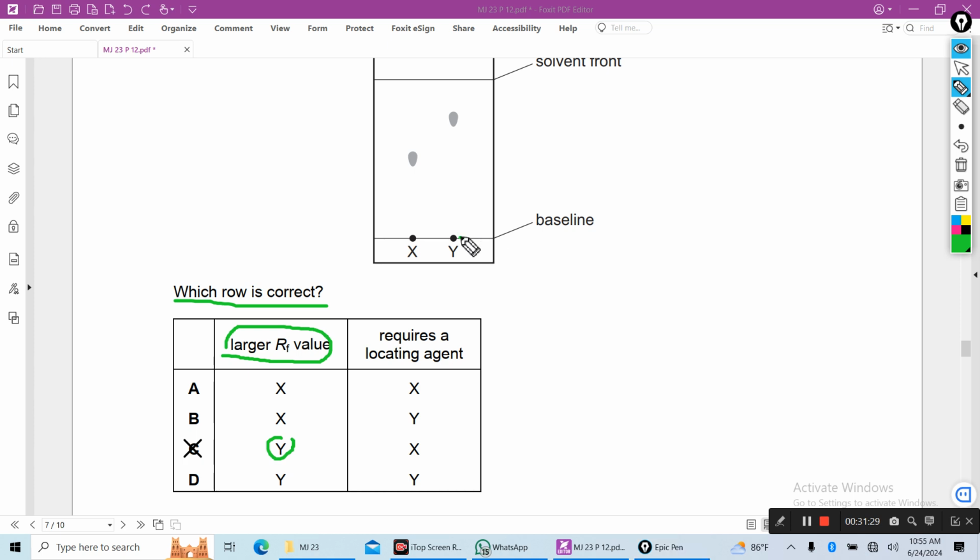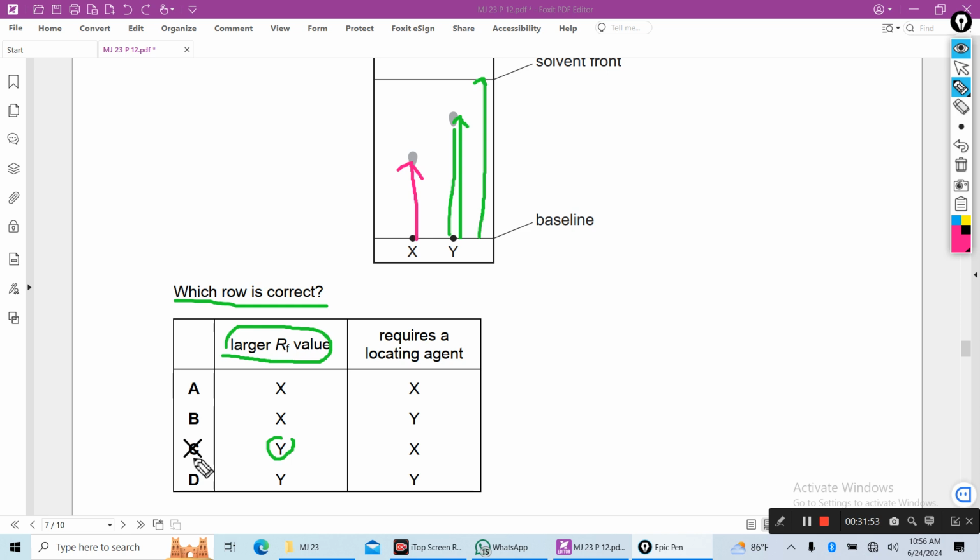Because Rf is the baseline to Y distance divided by the baseline to solvent front distance. This value is larger than this value, so the Rf value for Y will be greater.